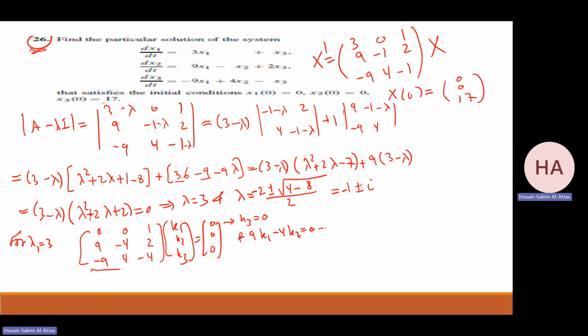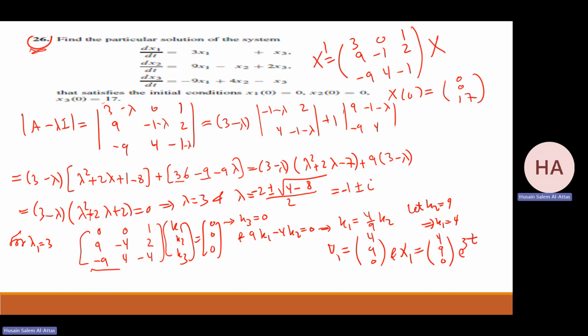So K1 equals 4 over 9 K2. Let K2 equal 9, K1 will be 4. So V1 will be 4, 9, 0, and X1 will be 4, 9, 0 times e to the power 3t. Good, same answer. The next one will be complicated.